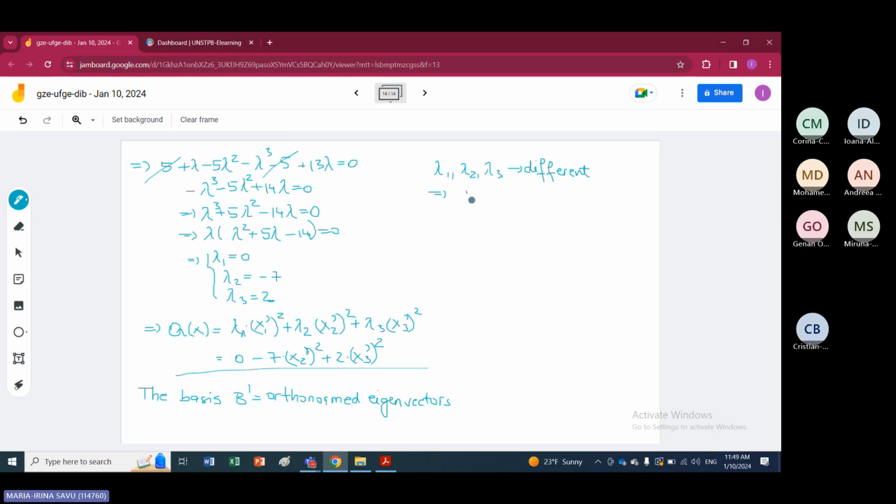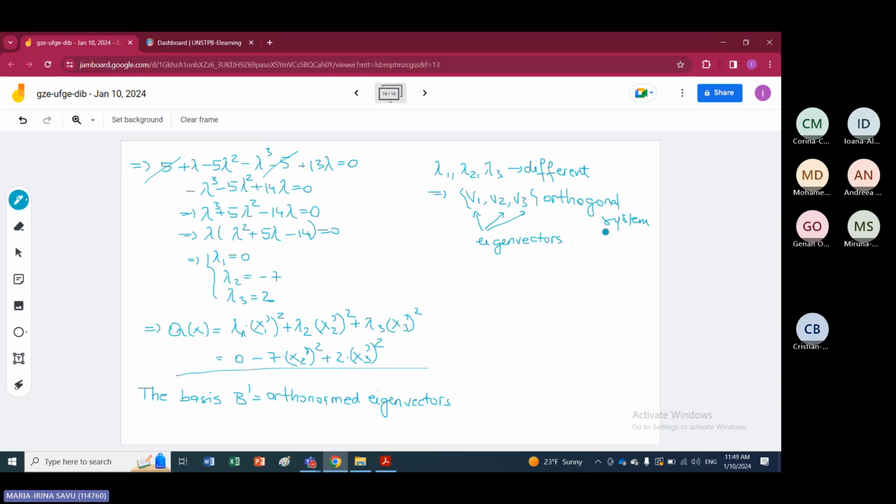It means that V1 to V3 is an orthogonal system, because the eigenvectors corresponding to different values are orthogonal, so they are independent. Okay, and these are eigenvectors.